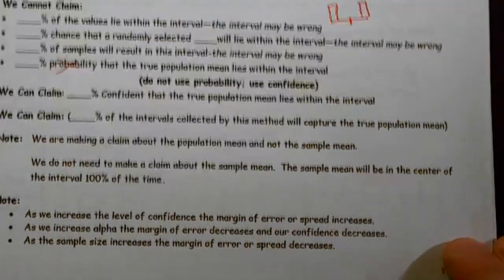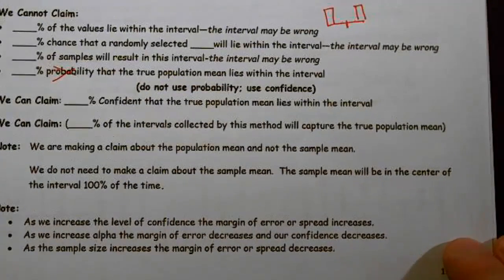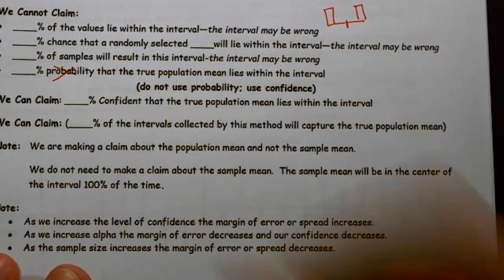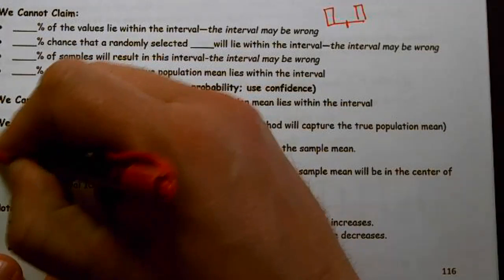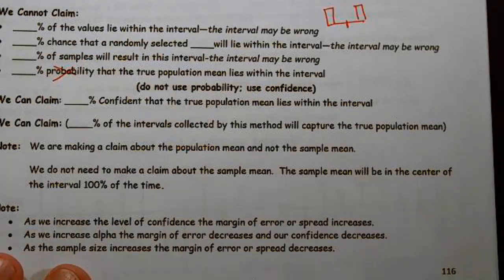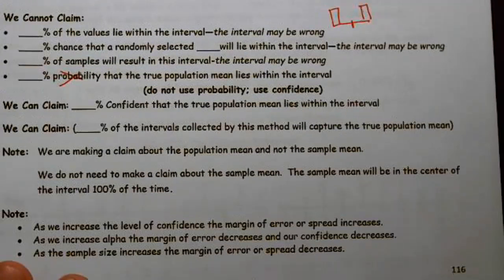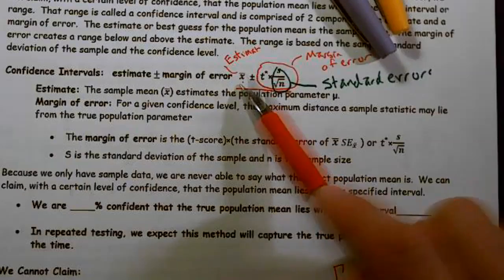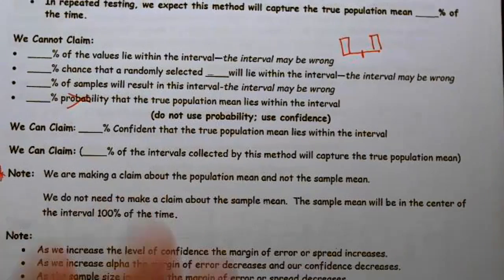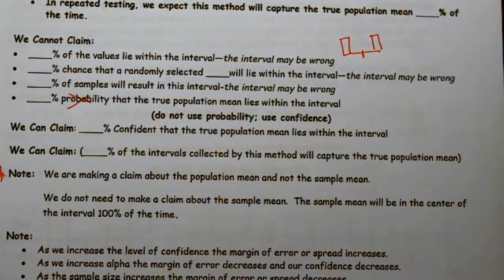Please note, this is a huge star. We are making a claim about the population mean and not the sample mean. Why? Well, we just calculated the sample mean, so we know the sample mean. We're 100% sure that the sample mean is in there.